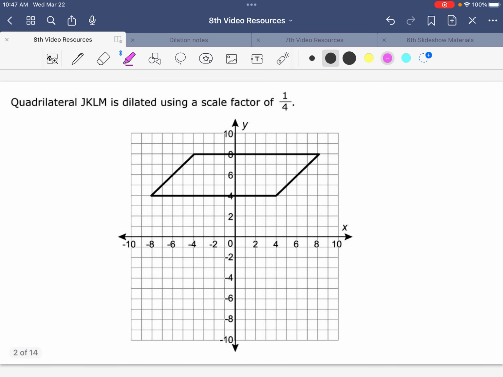Right. And the last thing that we want to look at is the quadrilateral JKLM, and it's dilated using a scale factor of 1/4. We are given that quadrilateral JKLM, the original, has a perimeter of 32 units.